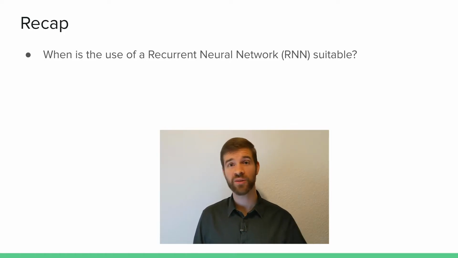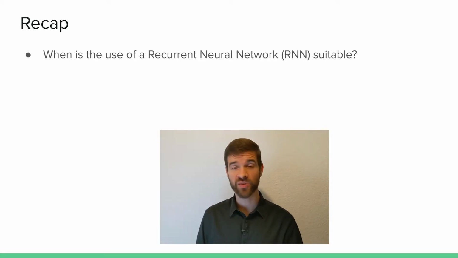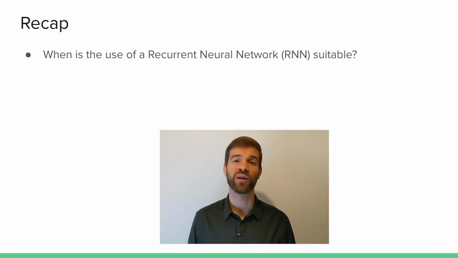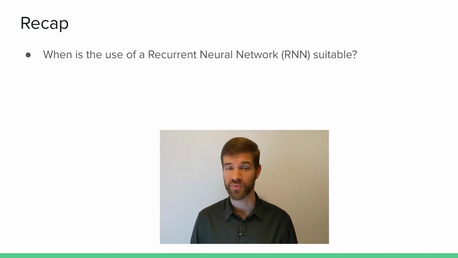If we have a sequence of data where the previous information helps us to understand the current piece of information, it is helpful to have some sort of memory. Recurrent neural networks allow us to have something like a memory and therefore are beneficial for these kinds of problems. For example, speech recognition is one of these problems, or translating human language.